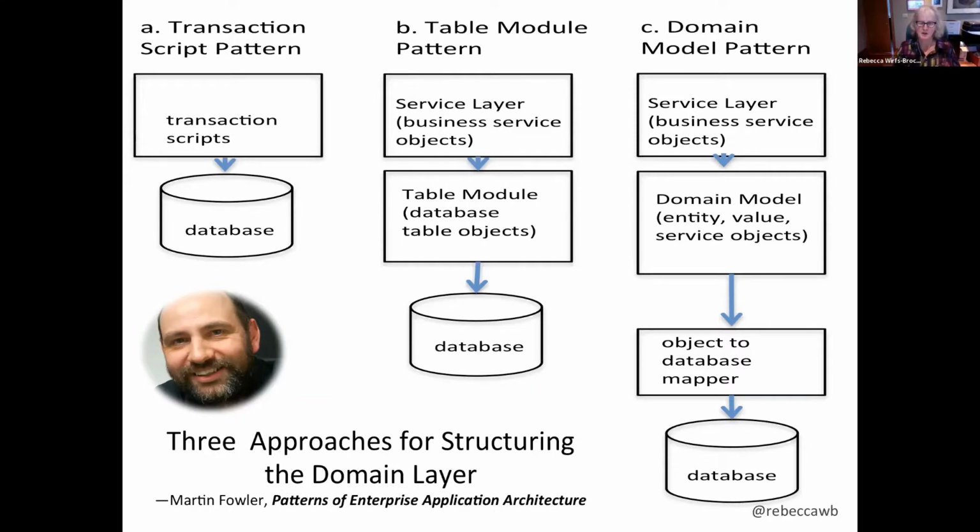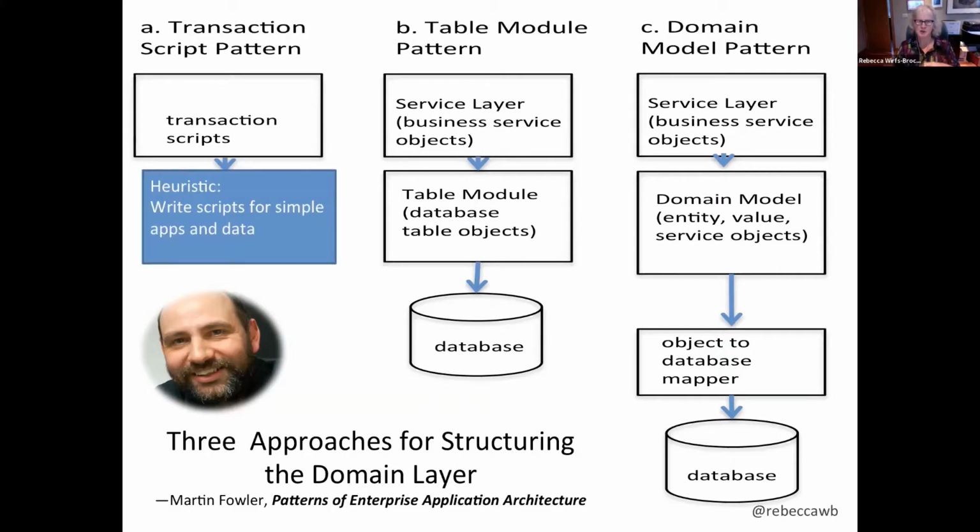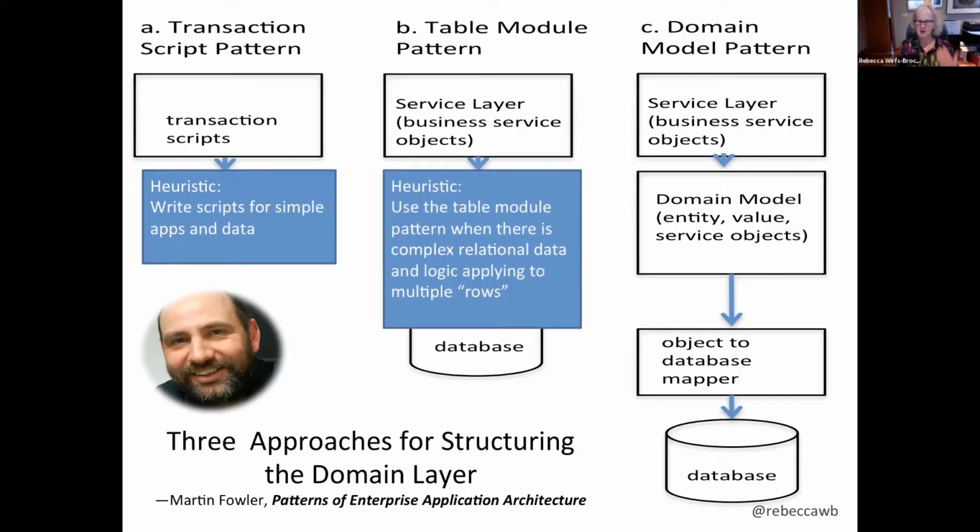Now, the heuristics behind these patterns are interesting. Write scripts for simple apps, right? And data, when you just don't care, it's just get it done. For the table module pattern, the heuristic is really use it when there's complex relational data and there's logic that applies to multiple rows.